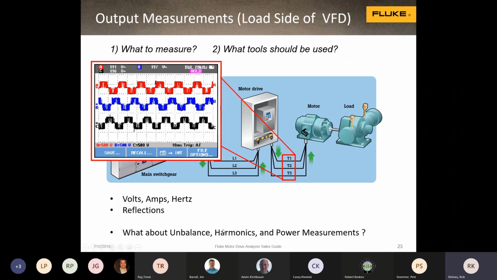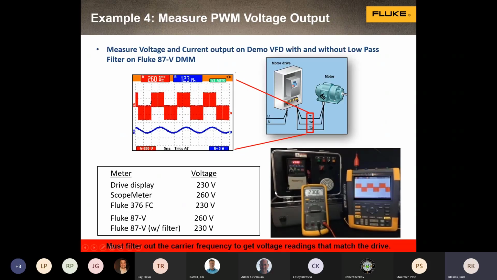Harmonics, power measurements, the things that a power logger can do easily, you can't put on the output side of a drive. I don't think there's much reason to measure harmonics on the output anyway, because it's there. If you want to know the power, how much energy this thing is using, make the measurements on the line side of the drive.